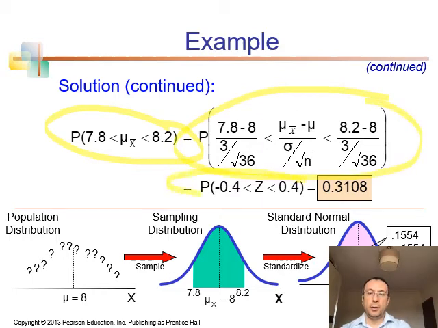And at the end, we are looking for the probability that the z-score is between minus 0.4 and 0.4, and this will become 0.3108, and we get this number from the table.